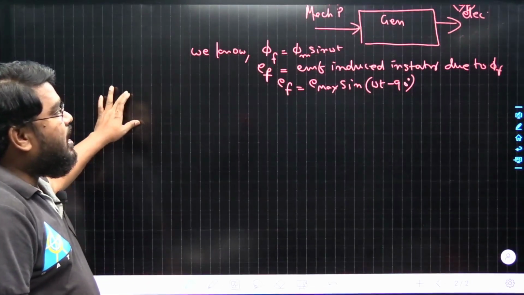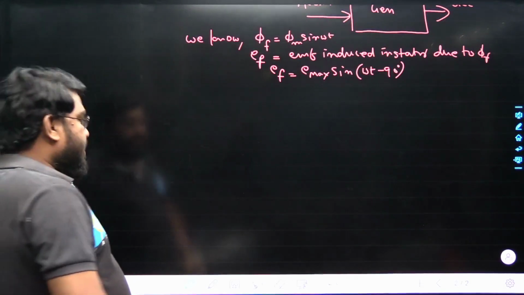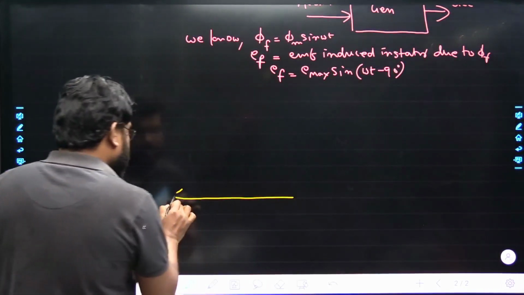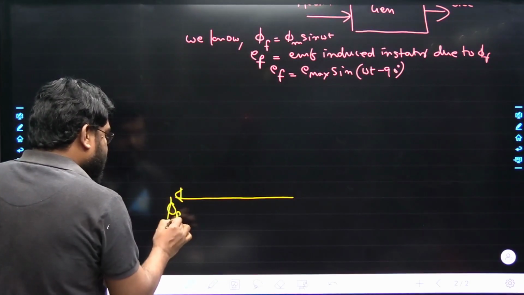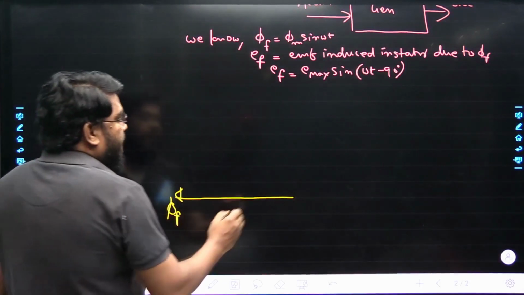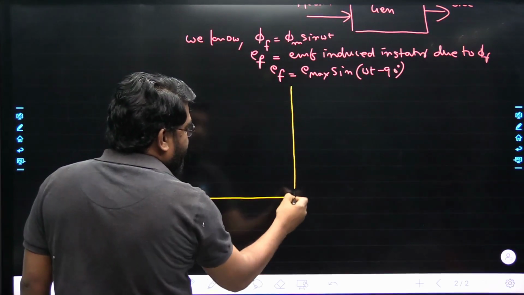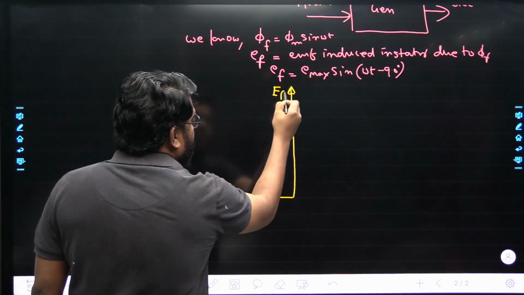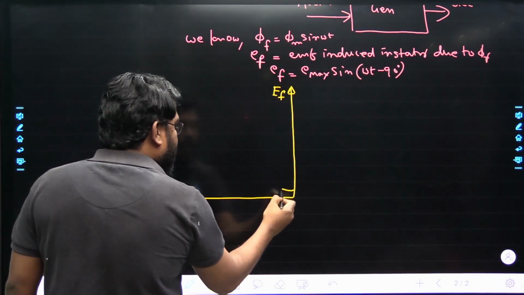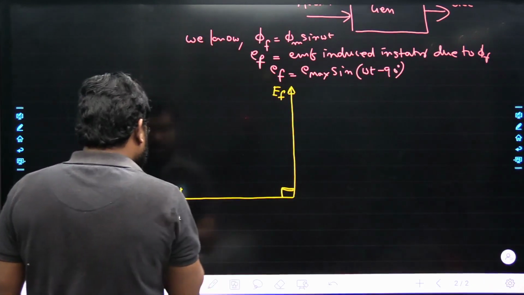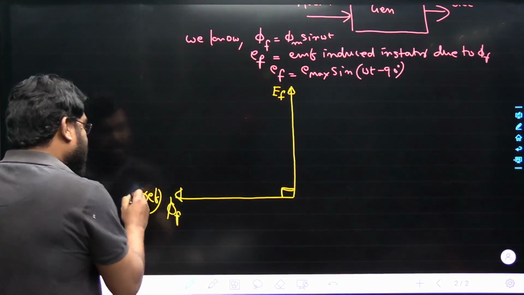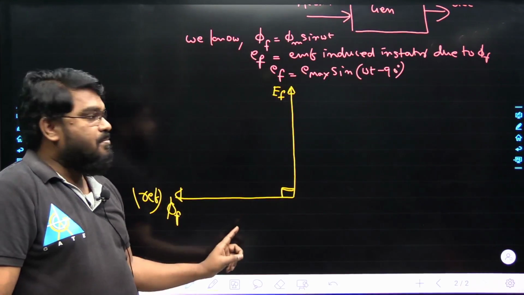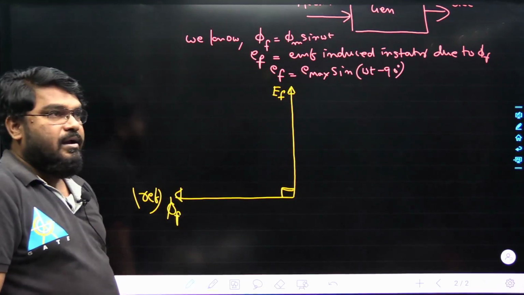Now let us see what happens to the load angle. The field flux is the reference, and this is our excitation EMF, EF. The excitation EMF leads the field flux by 90 degrees.